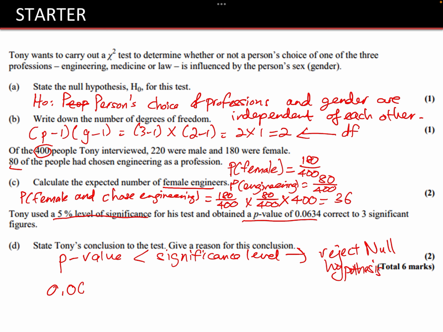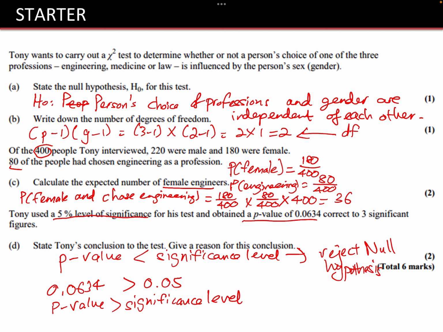So let's look at the p-value. That's 0.0634, and we know that has to be bigger than 0.05, right? So in this case, since the p-value is bigger than the significance level, we're not going to reject the null hypothesis. Okay?